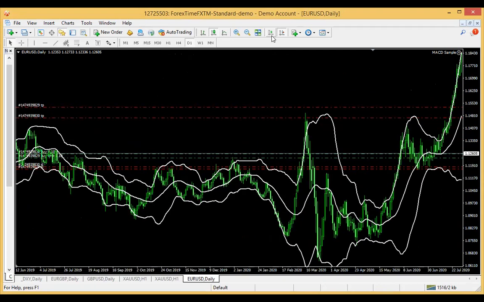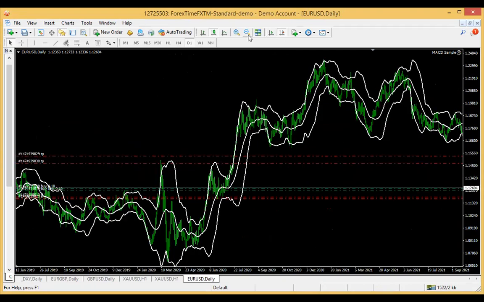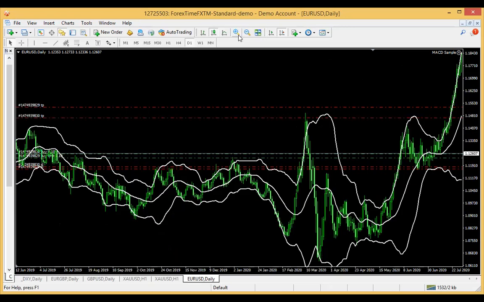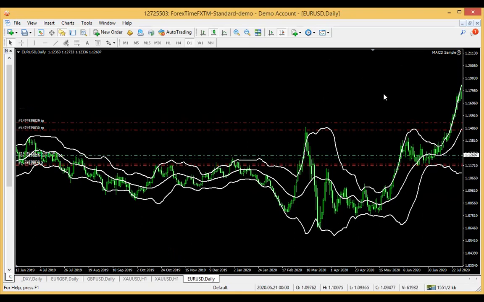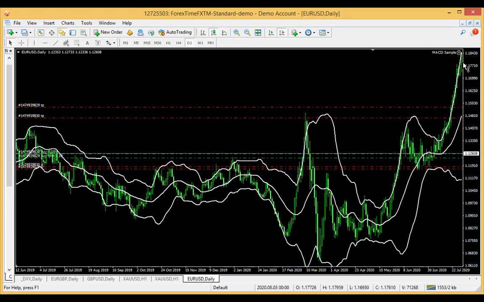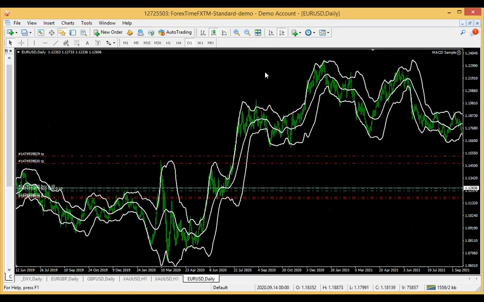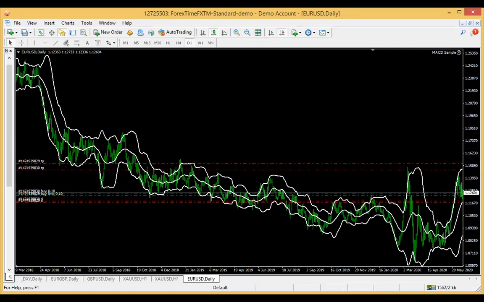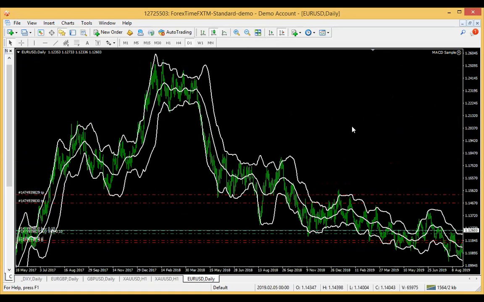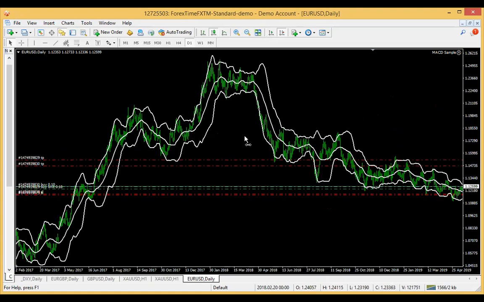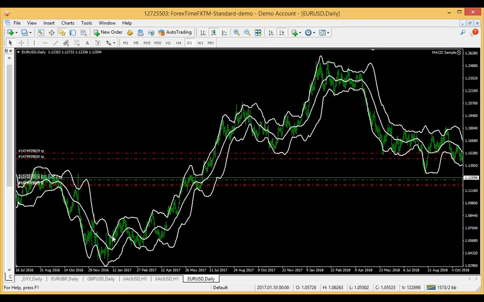Okay, you must make sure that when you are adding your Bollinger Band, your candles are still visible. You can see your candles clearly. Then you can either squeeze it or leave it like this. Okay, let me just give you a scenario. Let's start from here, where this buy starts.